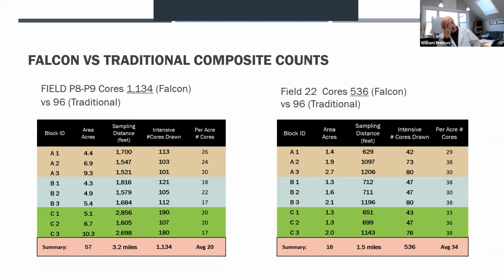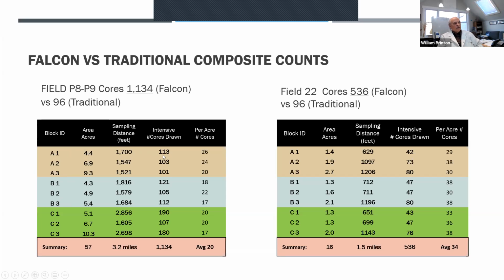Just look at the quantity of cores. These are the 2 fields. So what we did is we measured, we knew the area of the field, and we had subdivided it into these blocks, but we measured the sampling distance in feet traveled, and we knew what the diameter of that drum is.